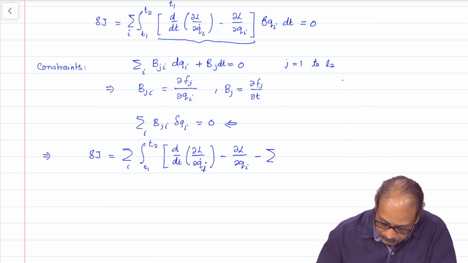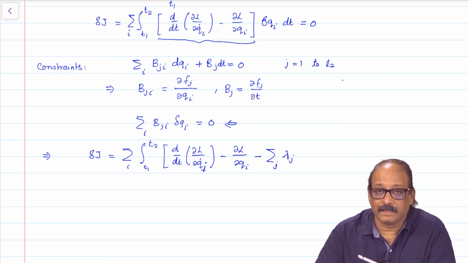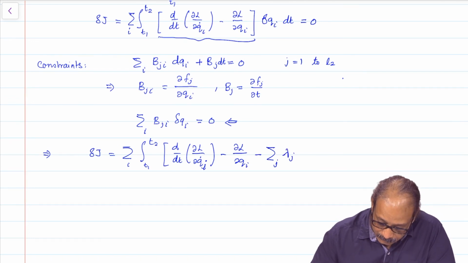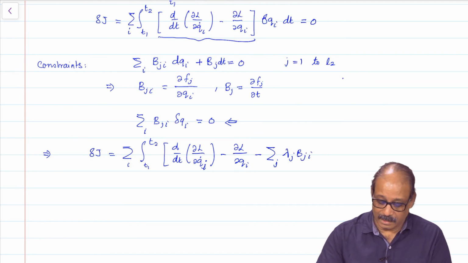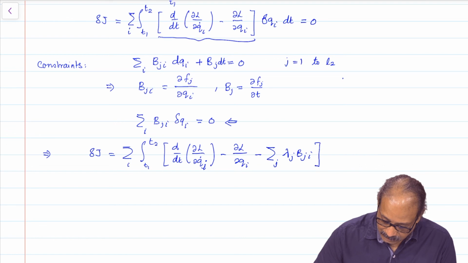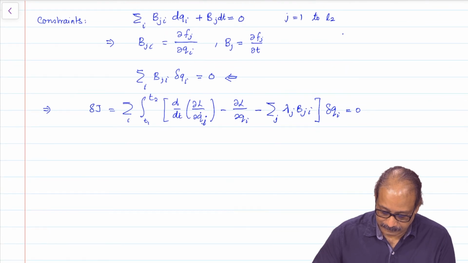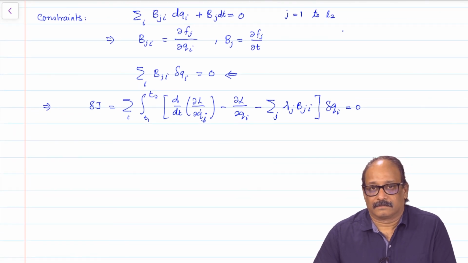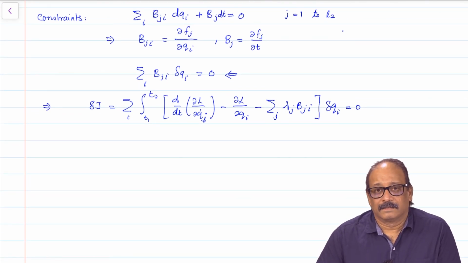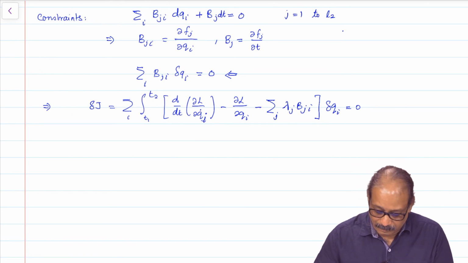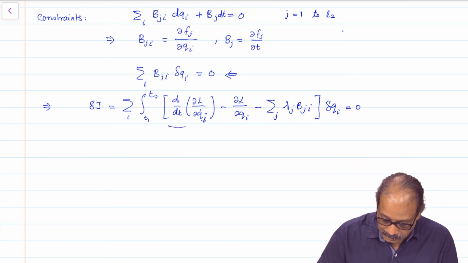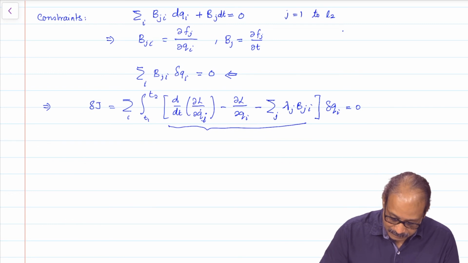So, minus summation over j lambda j into bji, multiplied by delta qi, and this must be equal to 0. And now according to the Lagrange's method, this is a standard minimization problem. So, each of these individual brackets must be 0.